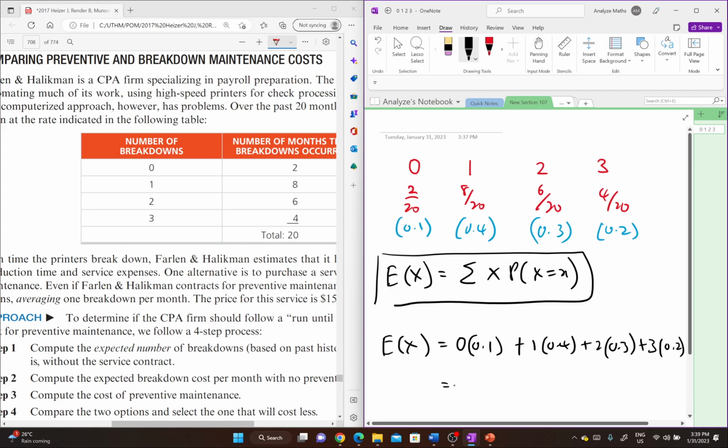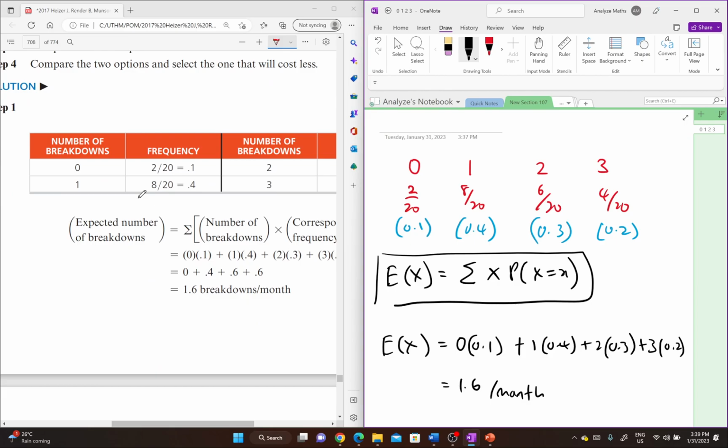If you compute this all together, you should get 1.6. So on average each month, 1.6 breakdowns are happening.